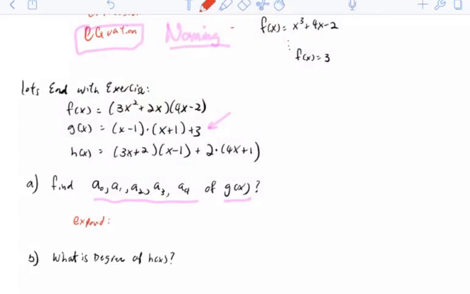So let me expand this out. So this is x times x plus 1 minus 1 times x plus 1 plus 3. So this is x squared plus x minus 1 plus 3, which becomes x squared plus 2. All right. So a0 is equal to 2.